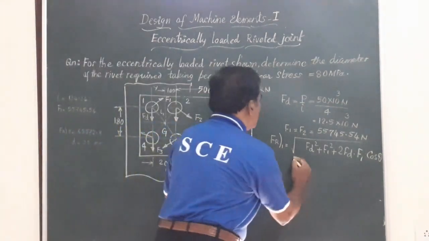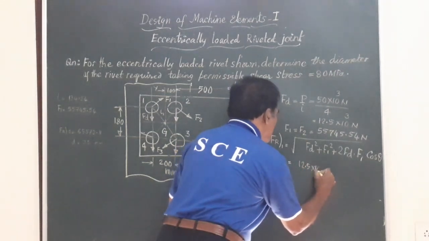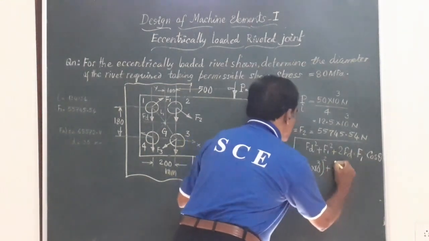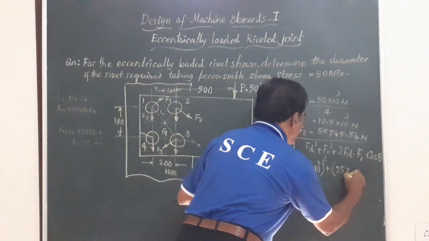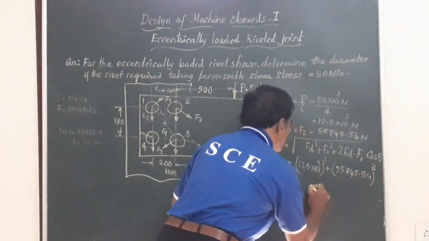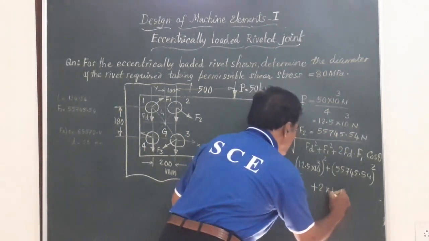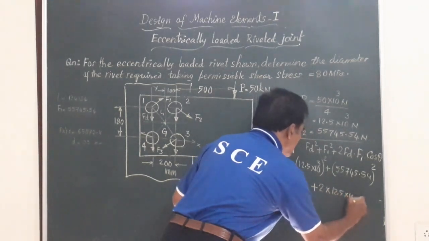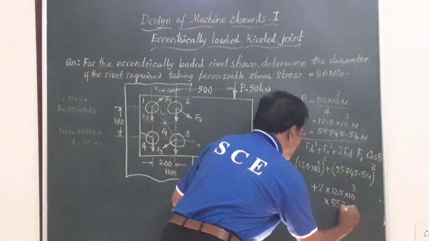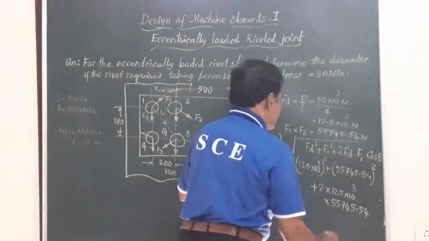So here, friends, FD square is 12.5 into 10 to the power of 3 squared, plus F1 square is 55,745.54 squared, plus 2 times FD, which is 12.5 into 10 to the power of 3, and the other one is 55,745.54 multiplied by cos theta.